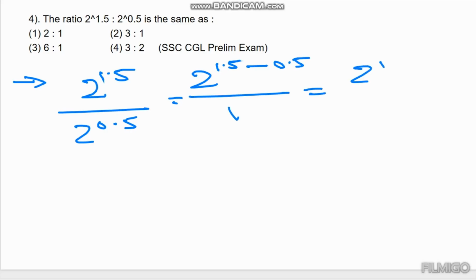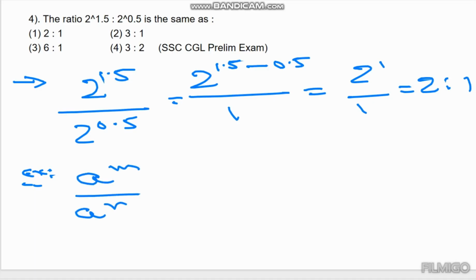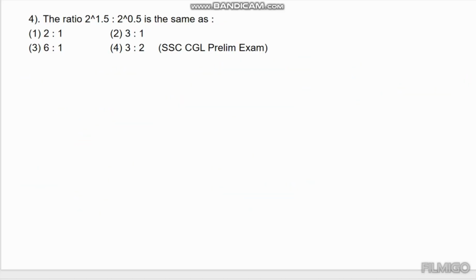So 2 power 1 by 1 equal to 2 is to 1, because a power m by a power n equal to a power m minus n by 1. So we can get this answer in this way. Remember, this question was asked in the previous SSC CGL prelims exam.